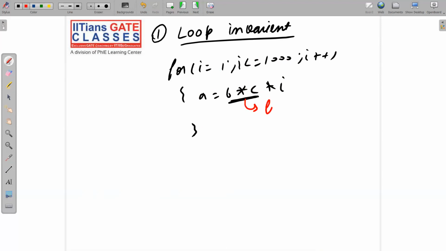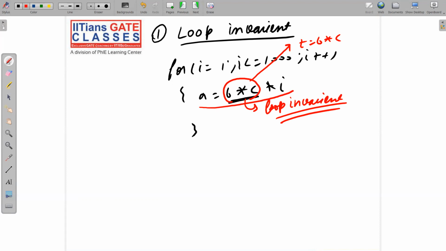Actually, this is loop invariant, because it is not changing. I will keep it outside the loop and I will say T is equal to B star C, and in place of this statement I will write A is equal to T star i.